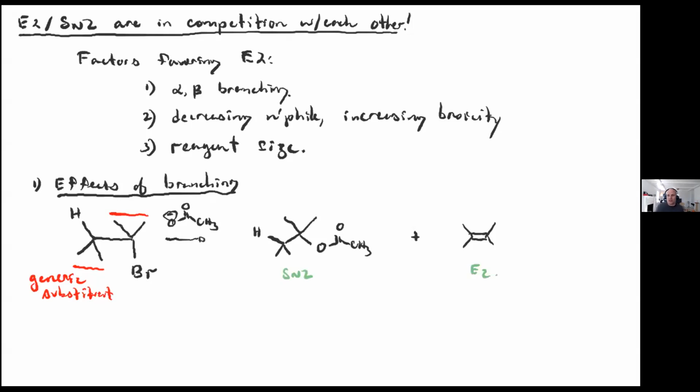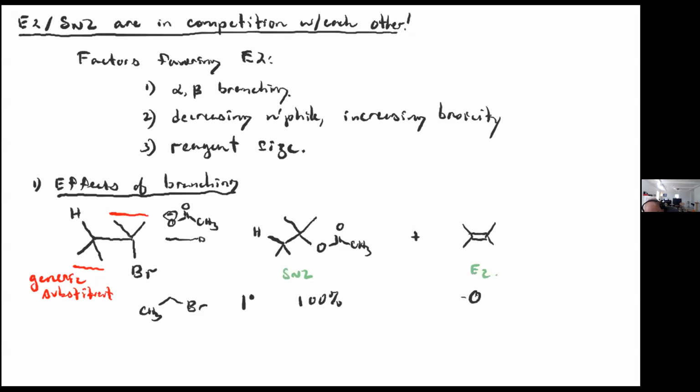And so people have done this. All of this is known now. There was a time not too long ago, 50 or 60 years ago, when people were trying to work out these different pathways, and so they studied a lot of this in detail. So if you take a simple primary alkyl bromide, let's say ethyl bromide, and treat that with acetate, you're going to get exclusively the substitution product.